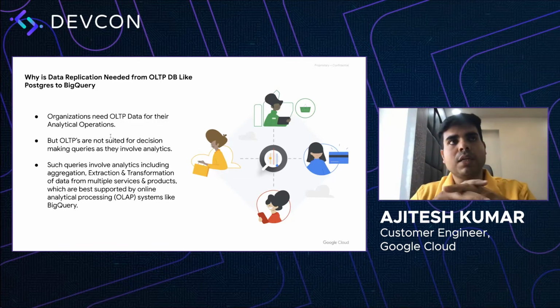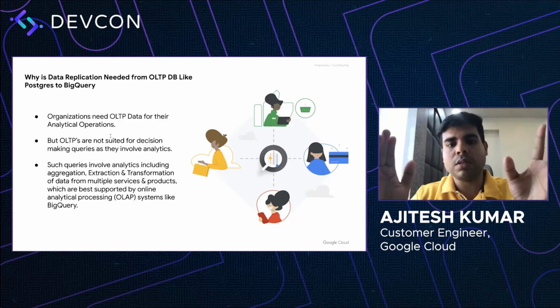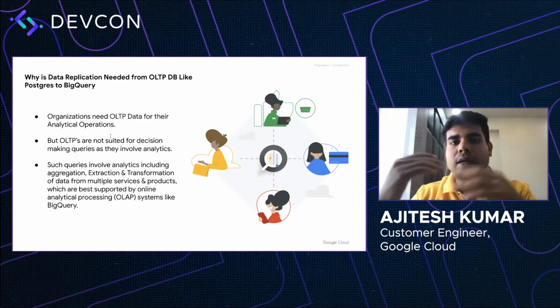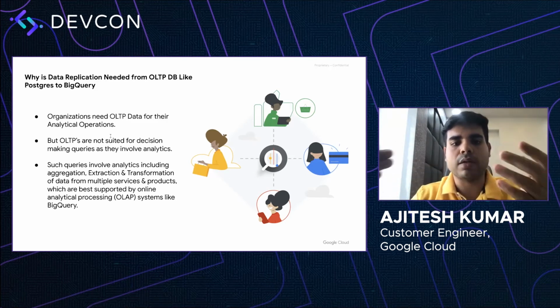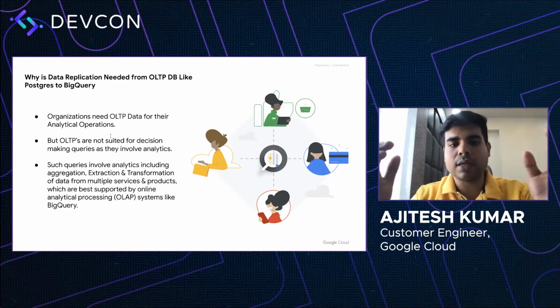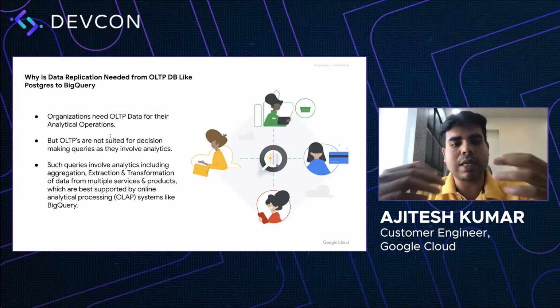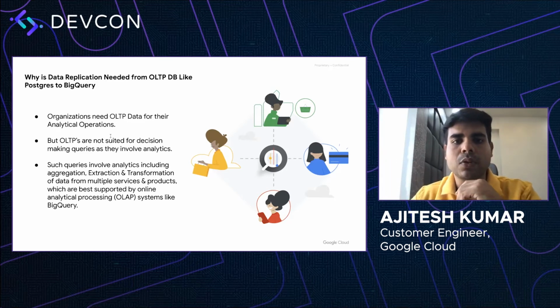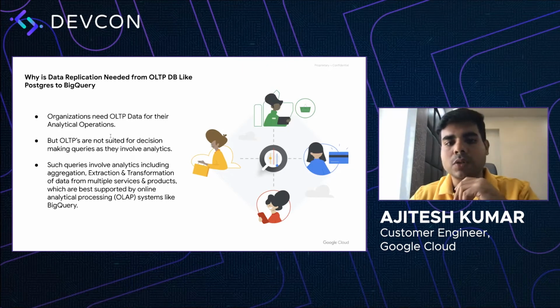But they are not perfectly suitable for decision support queries or business questions that your manager or executive would need to address, because such questions involve analytics, which includes aggregation, drill down, slicing and dicing of data, and transformation of data. Those operations are mainly supported by your OLAP system, which is your online analytical processing system.